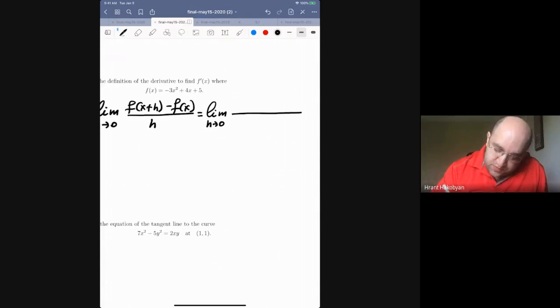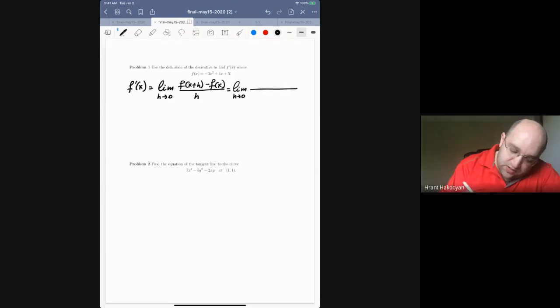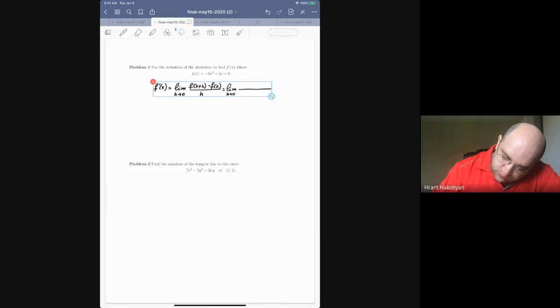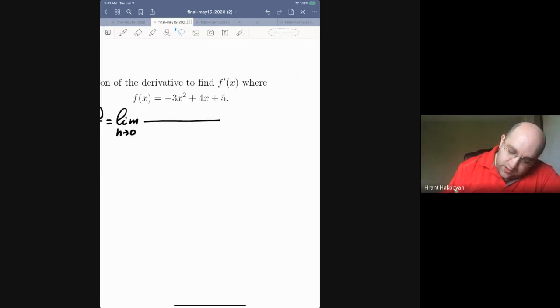There is not enough space, so let me make this smaller. So f of x plus h is going to be this expression here, but instead of x, I'm going to plug in x plus h everywhere.